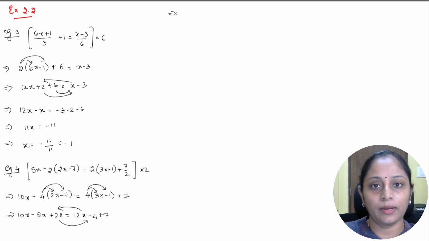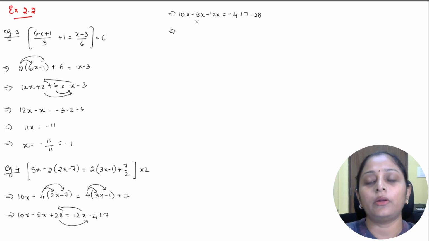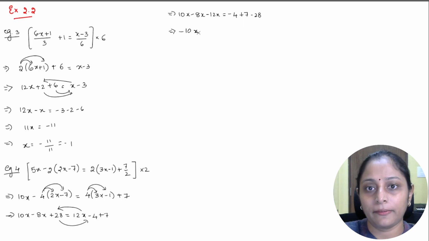Okay, implies 10x minus 8x minus 12x is equal to minus 4 plus 7 minus 28. Okay, now 10 minus 8 is 2, 2 minus 12 is minus 10. Here I have plus 3 minus 28, so I have minus 25. Implies x is equal to minus 25 by minus 10, which is nothing but 5 by 2.